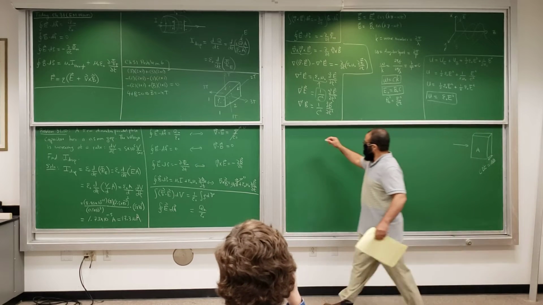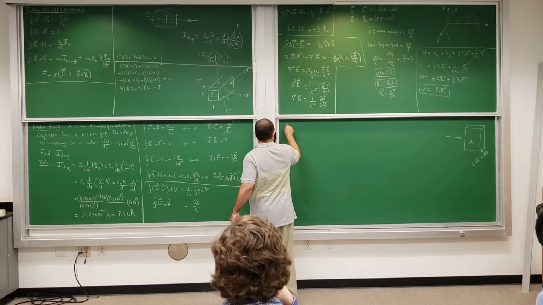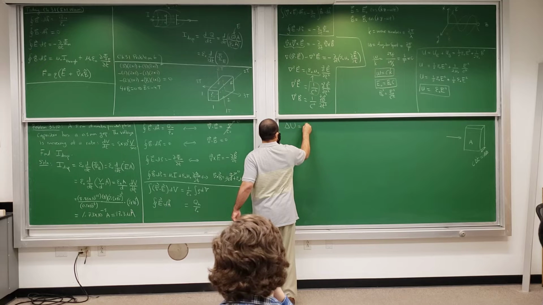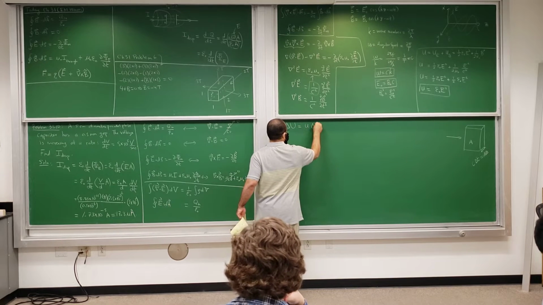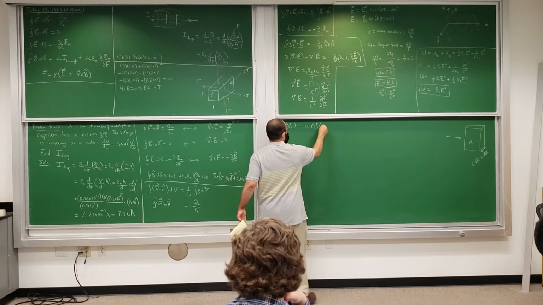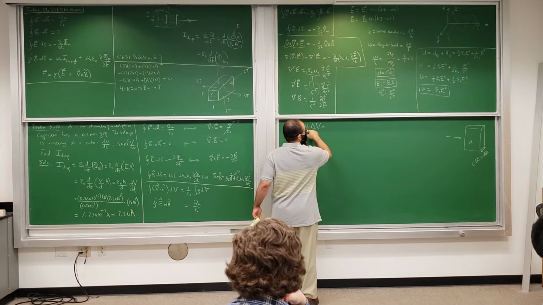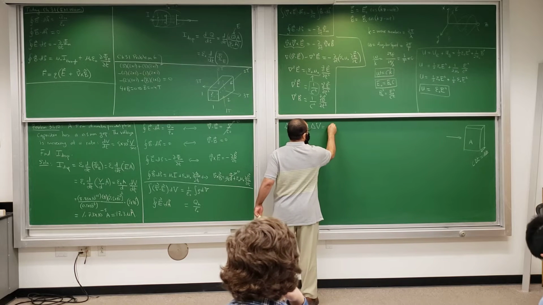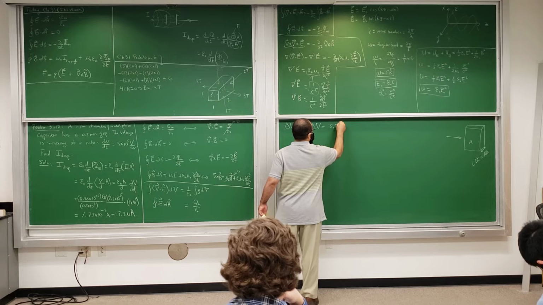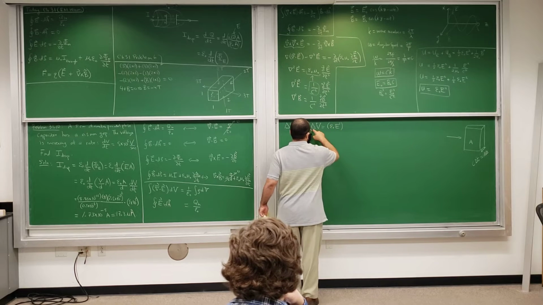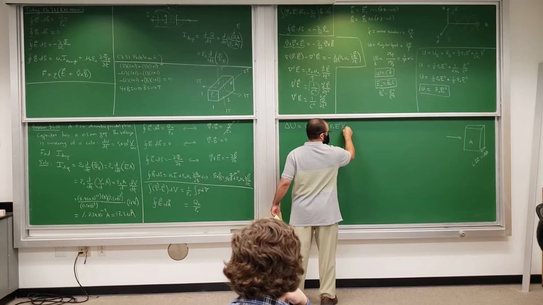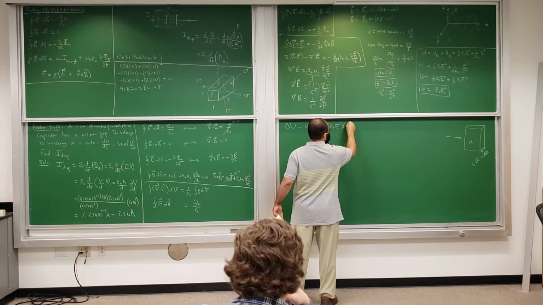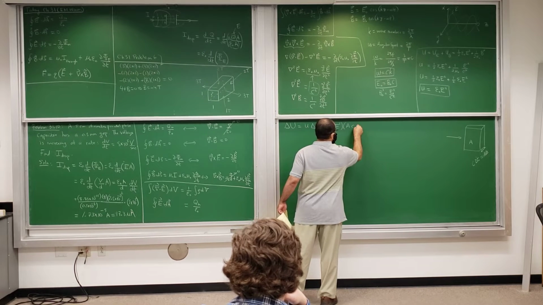So delta U, which is the energy, would be little u times the volume, where u is epsilon naught E squared, and the volume is the area times C times delta t.